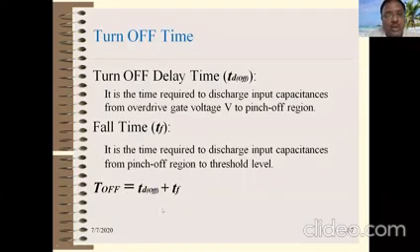So overall T off is equal to TD off plus T fall.